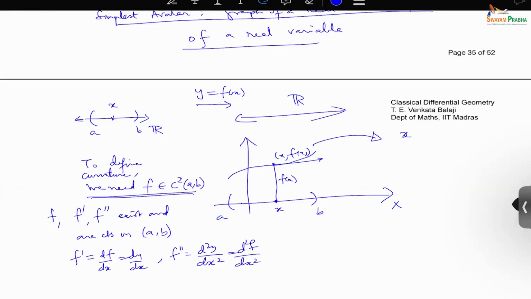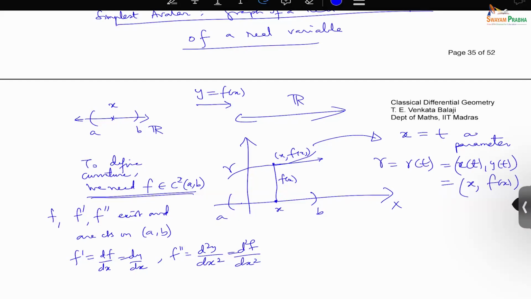The second condition is that I want a non-vanishing tangent vector at every point. So what is the tangent vector at this point? Here what I want you to understand is that you can take x itself as the parameter t. So gamma can be written as gamma of t = (x(t), y(t)), where x(t) is actually your x and y(t) is actually f(x).